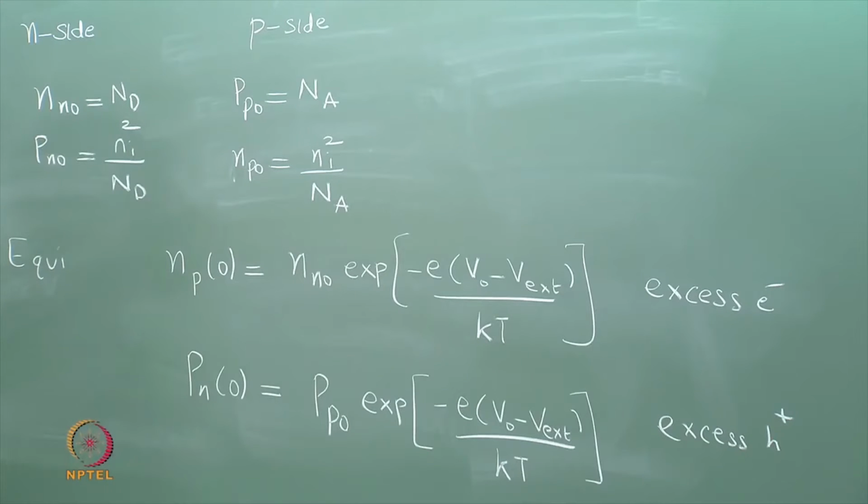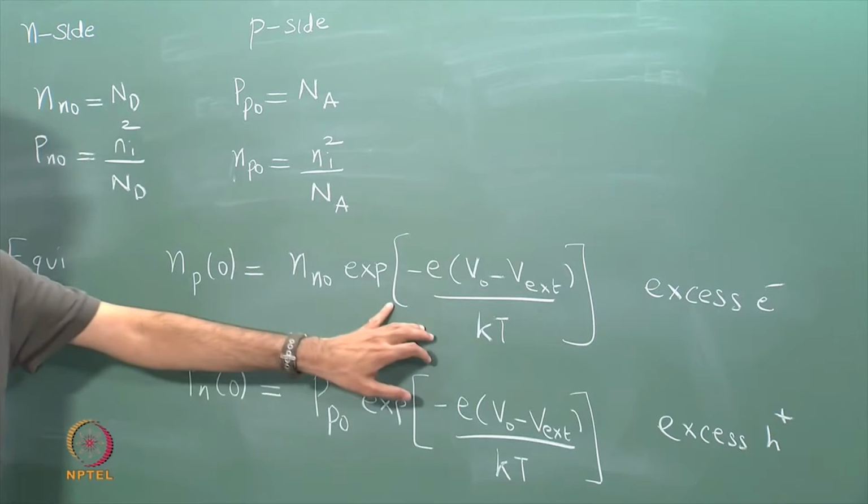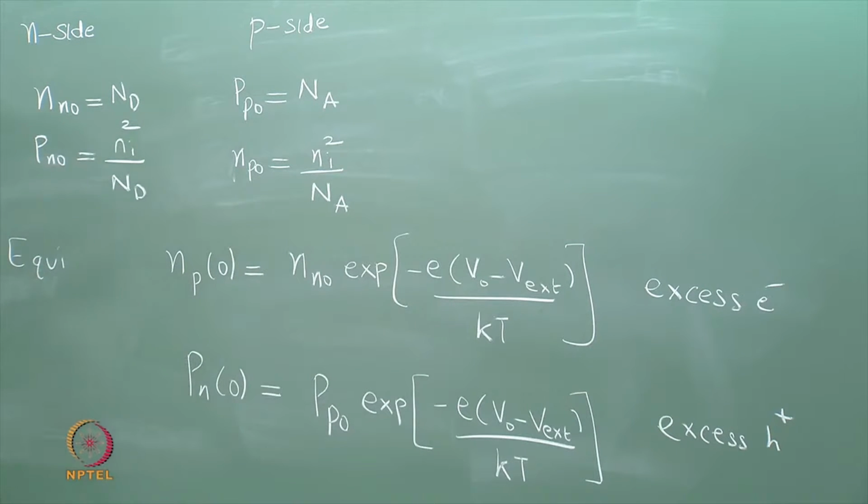So, higher the external potential, lower the barrier, and then higher the number of electrons and holes. So, these electrons and holes are still minority carriers in the case of p-n junction, which means they can diffuse for some distance, but ultimately they will combine with the majority carriers and get destroyed. So, we can define a diffusion length and a diffusion coefficient for these electrons and holes.